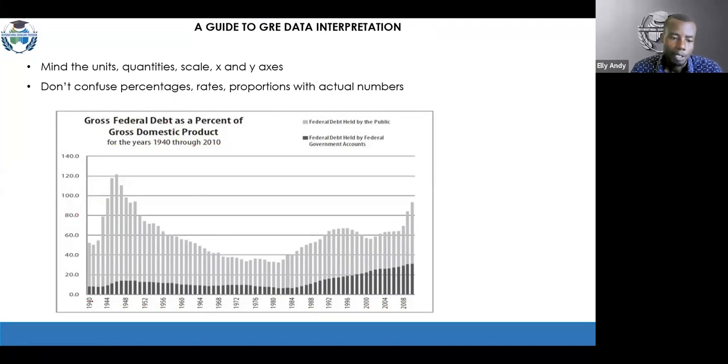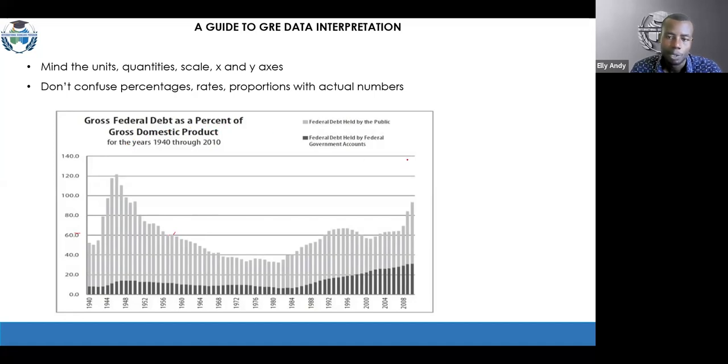So what we have in the y-axis is the percentage that represents the gross federal debt compared to the gross domestic product. So it's like a proportion. If we were to pick, for example, this reading here, it reads 60%. So it means in this year, the gross federal debt was 60% of the gross domestic product.